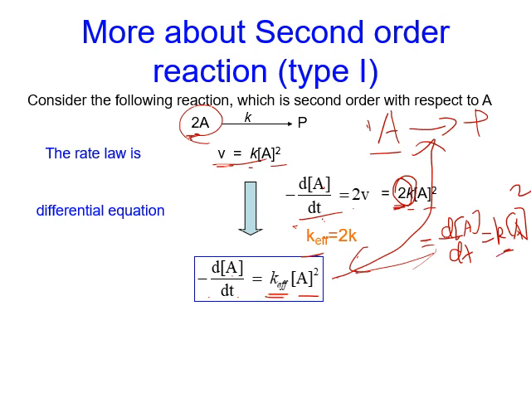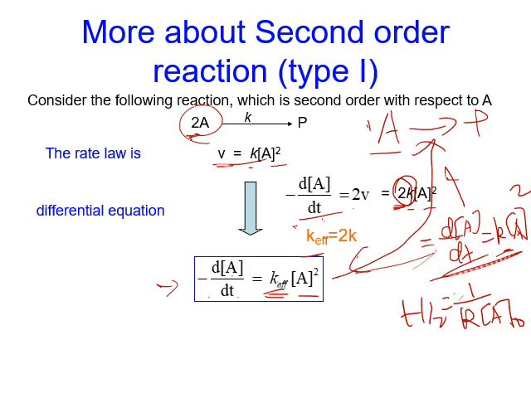So all the results we obtained from this equation will apply here. The only thing you need to do is replace k by k effective. For example, the half-life we derived is 1 over k[A]naught.